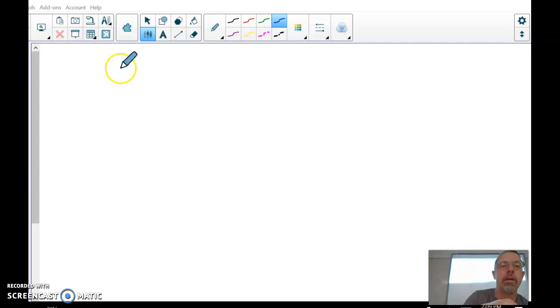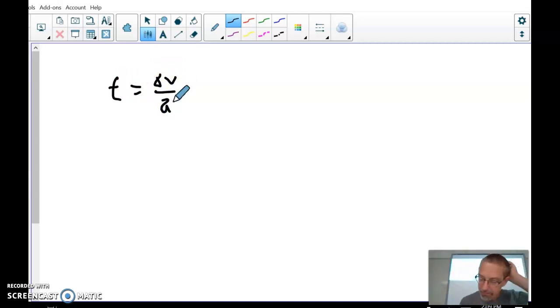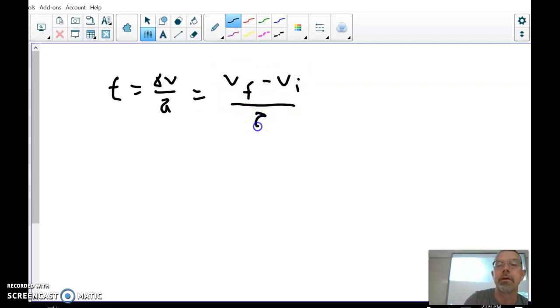So if time equals my change in velocity divided by my acceleration, that therefore means that I can have, that's the same as saying VF minus VI over acceleration. That's going to be my time, okay?